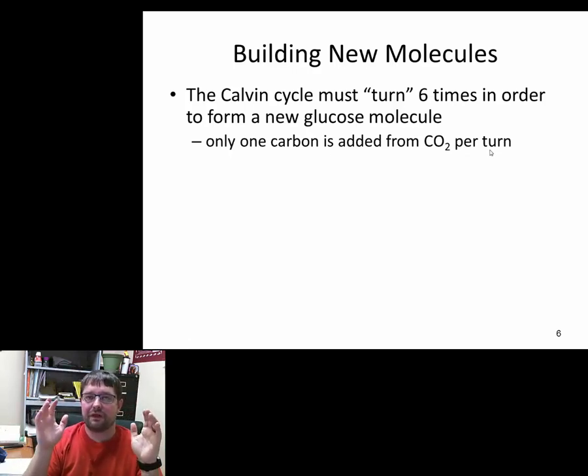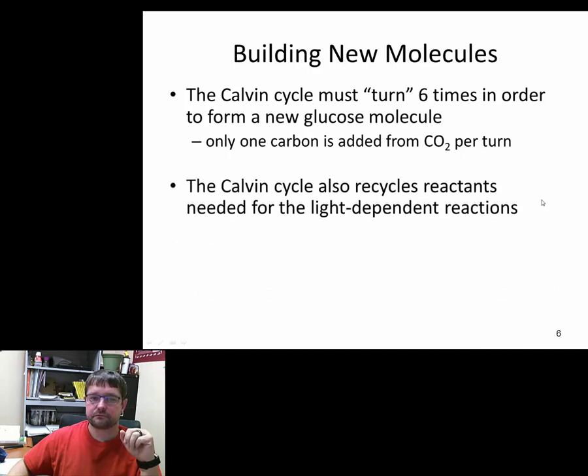And if you remember, the chemical formula for glucose is C6H12O6. So if you can only add one carbon each turn, then the Calvin cycle must turn 6 times in order to form a single glucose molecule.